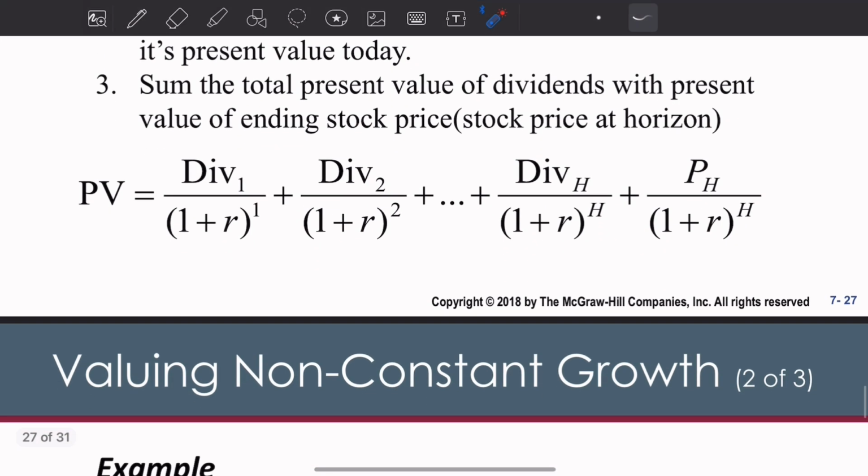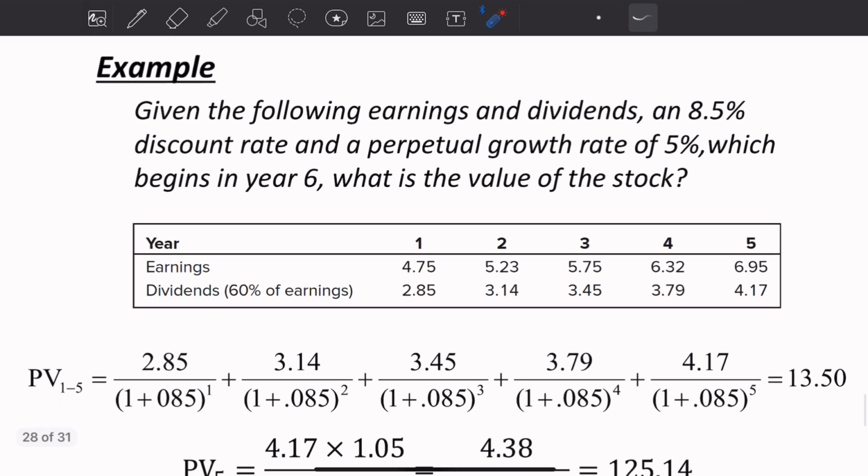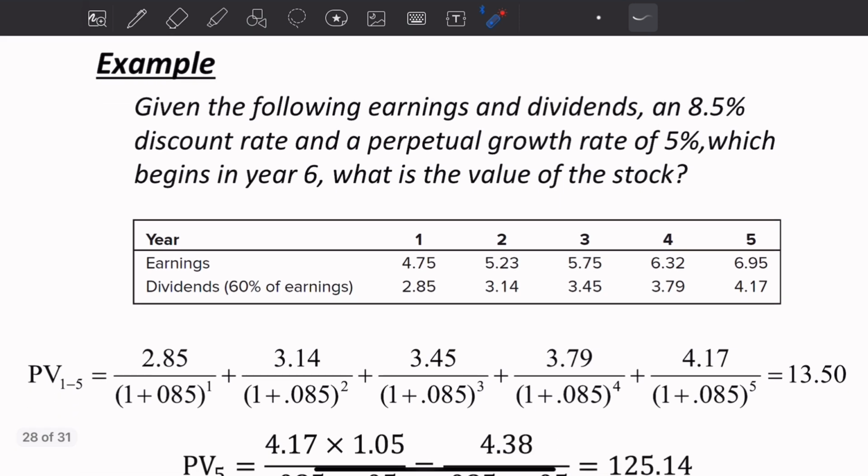Okay, let's see now how we can use this. Here's an example. It says, given the following earnings and dividends, an 8.5% discount rate and a perpetual growth rate of 5%, which begins in year 6, what is the value of the stock? As you can see here, we do have some dividends that are paid out over the first 5 years with no constant growth.